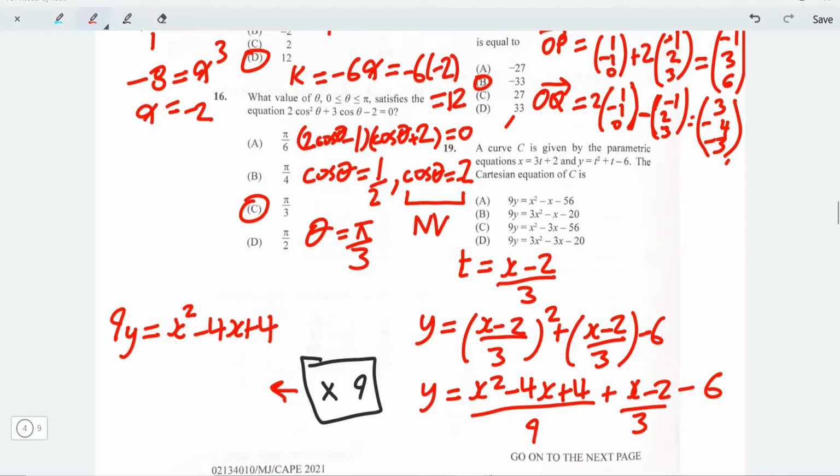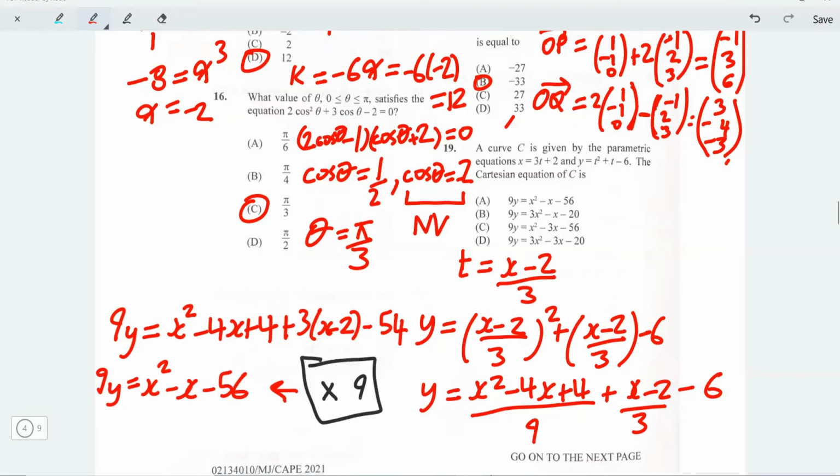Then 9 times this, 9 over 3 is 3, so you're left with 3 times x minus 2. And then 9 times negative 6 is minus 54. Simplifying, we get 9y is equal to x squared minus 4x plus 3x, that's just minus x. And then 4 plus negative 6 minus 54, that is minus 56.